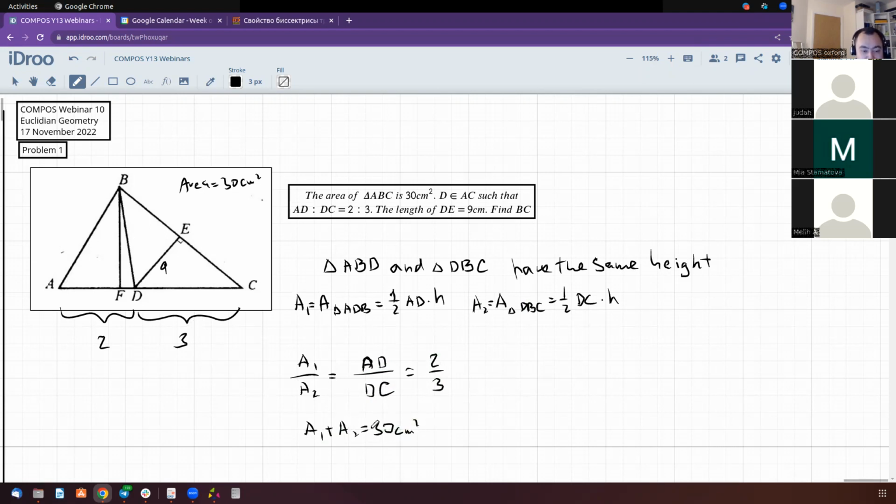All we need to do is split this in proportion 2 to 3. And that tells us that area 1, the area of triangle ADB, is 2/5 times 30, which is 12 square centimeters. And area 2 must be 18 square centimeters.